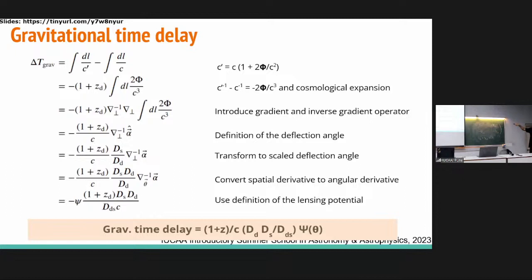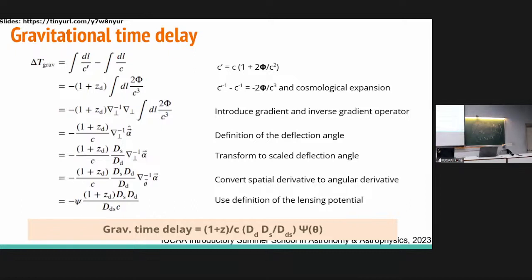So this extra time that you have to account for turns out to be related to the lensing potential. You have extra path length that you travel, and extra time because you are going close to a massive object and going through that particular range.